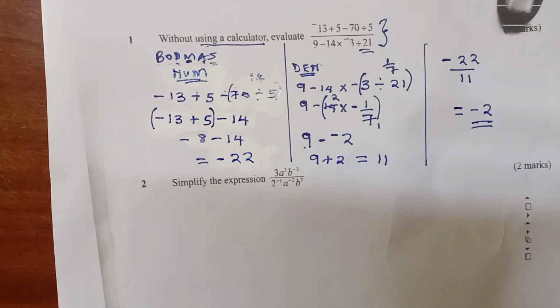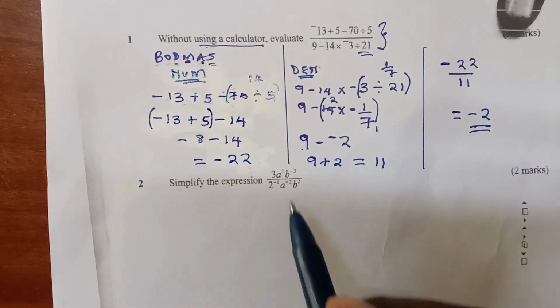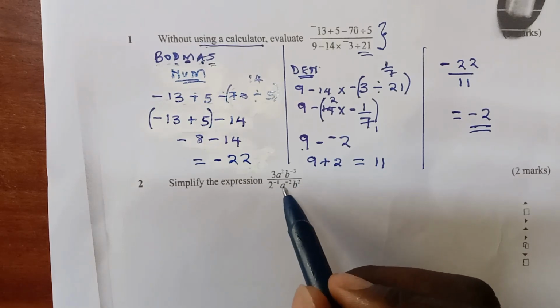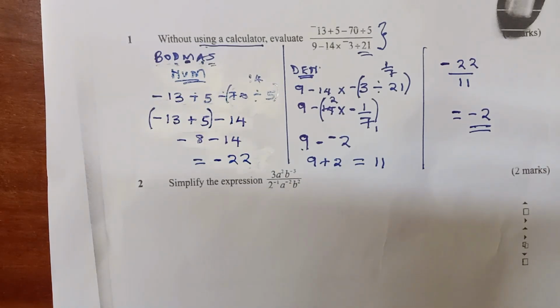Question 2 requires us to simplify the expression 3a to the power of 2, b to the power of negative 3, over 2 to the power of negative 1 multiplied by a to the power of negative 2, then b to the power of 2.